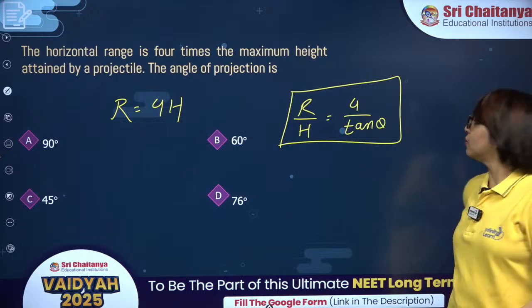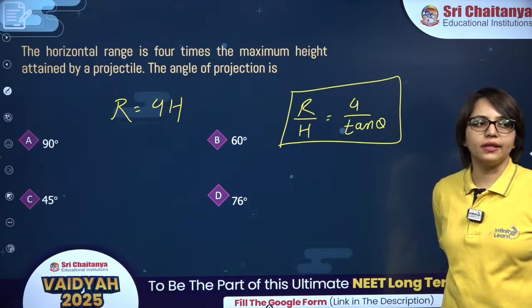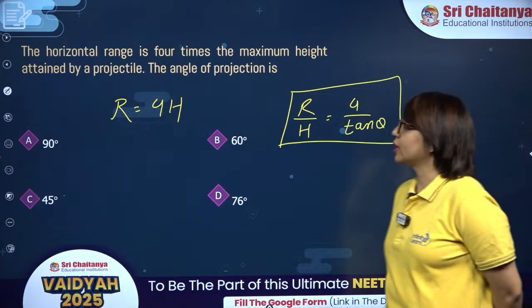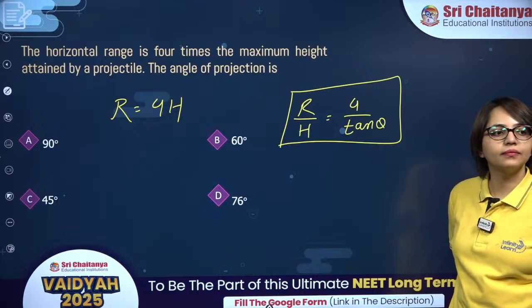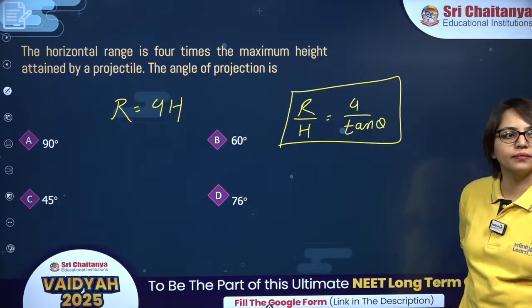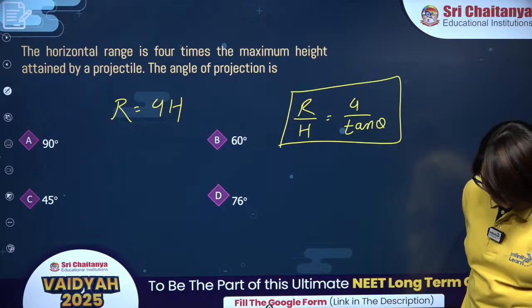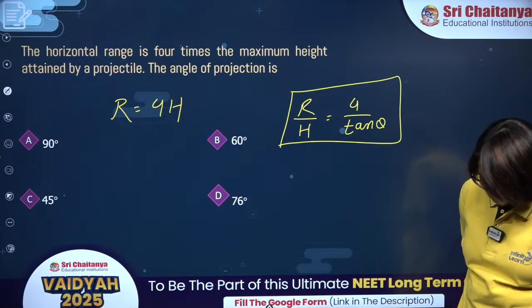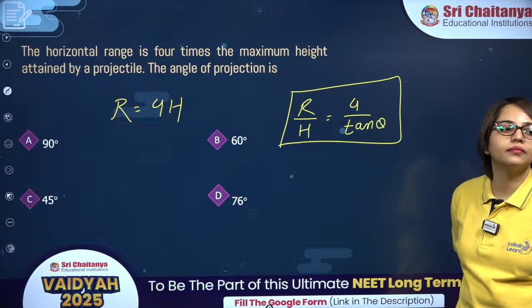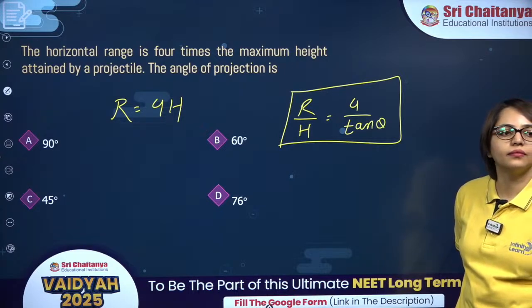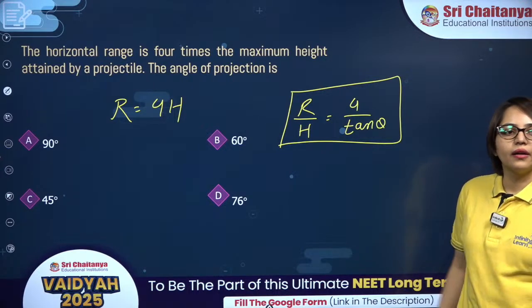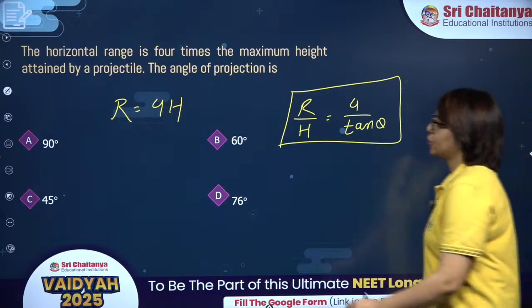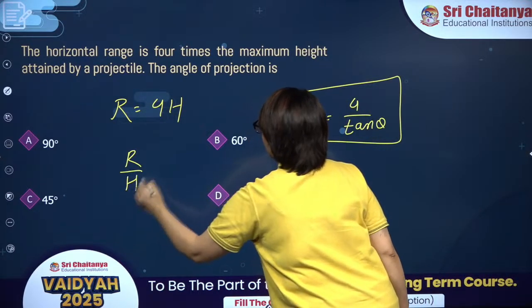R upon H is equal to 4 upon tan theta, where theta is the angle of projection, R is range, H is height. Come on guys, R upon H in this one is 4.